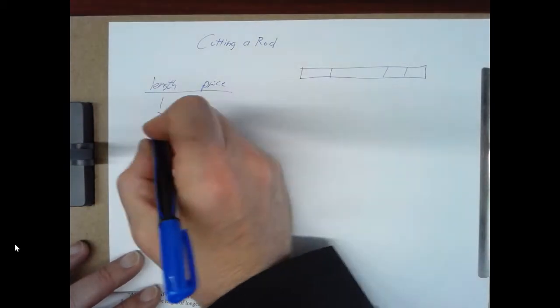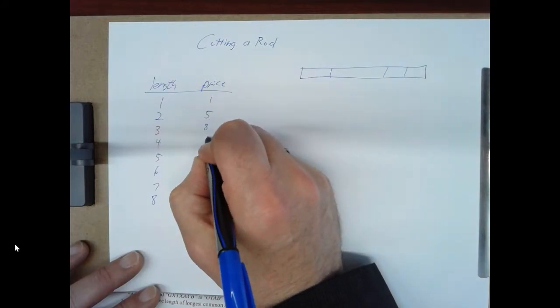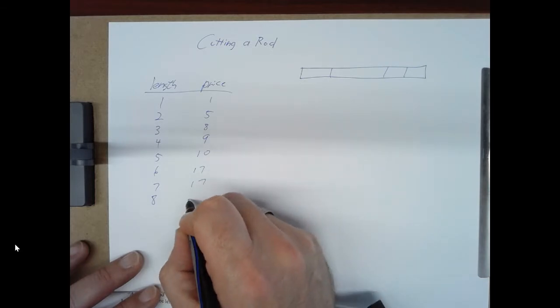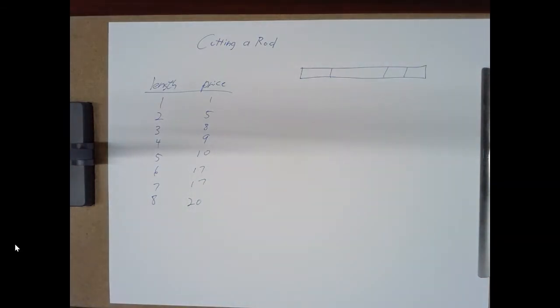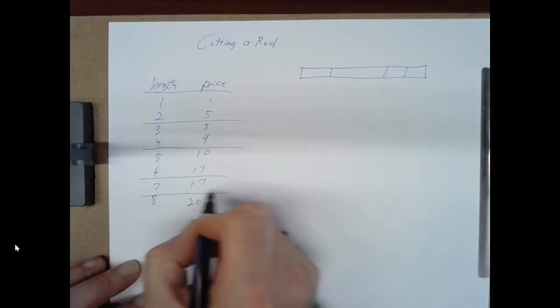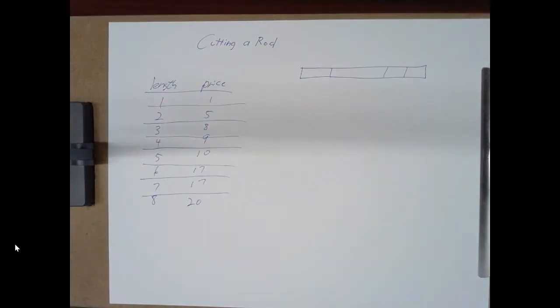And let's say the price you get for these is $1, $5, 8, 9, 10, 17, 17, and 20. So you're given this price table. You're told this is how much I'll pay for each of these different lengths.